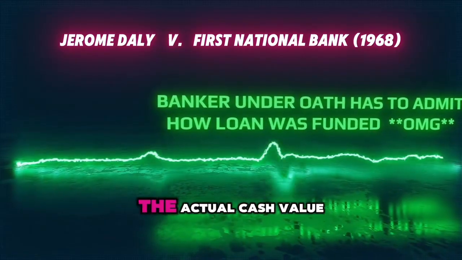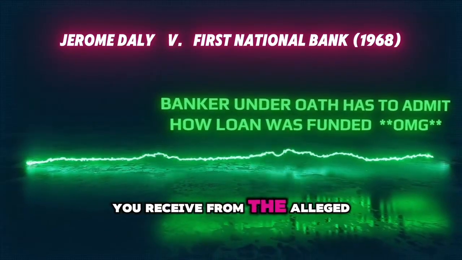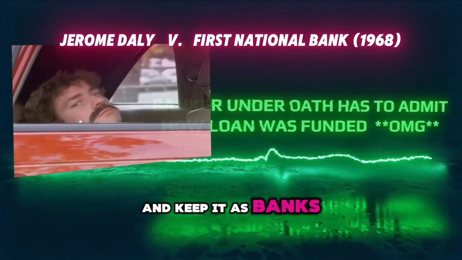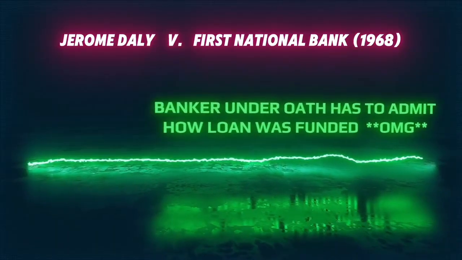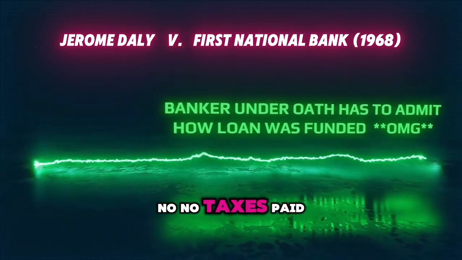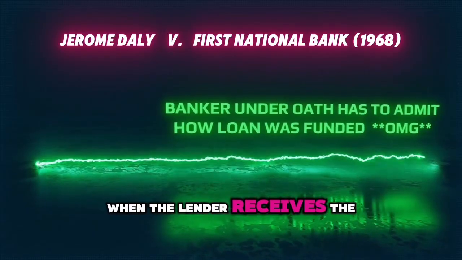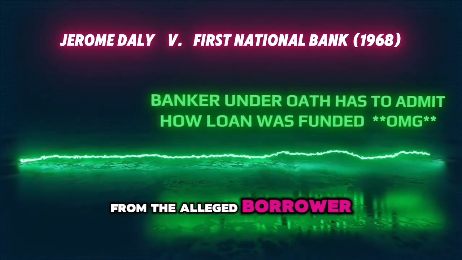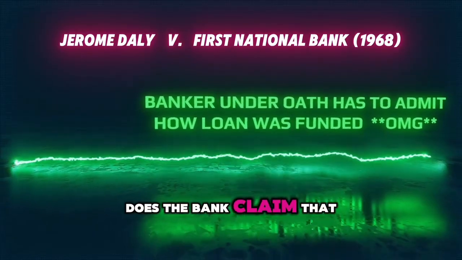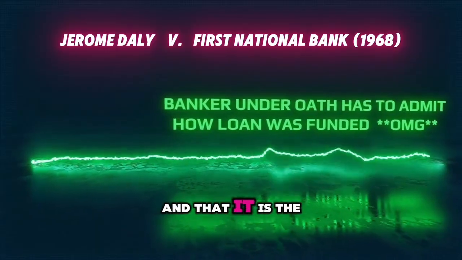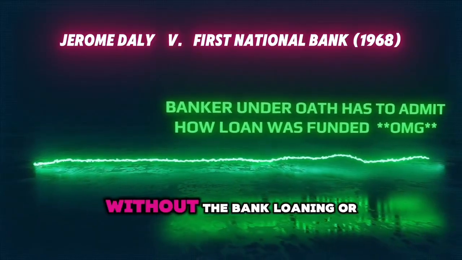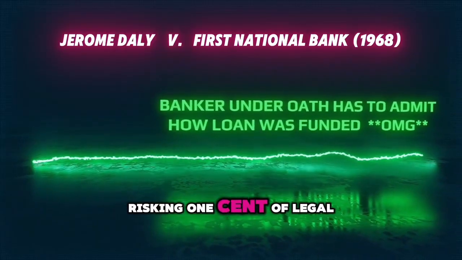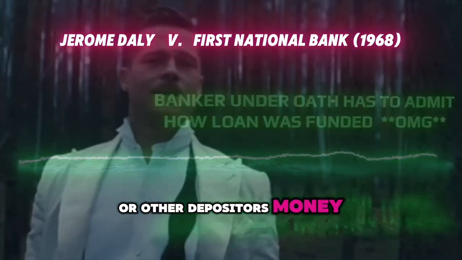You never pay taxes on the actual cash value you received from the alleged borrower and keep it as bank's property? No. No taxes paid. When the lender receives the actual cash value from the alleged borrower, does the bank claim that it then owns it and that it is the property of the lender without the bank loaning or risking 1 cent of legal tender or other depositor's money?